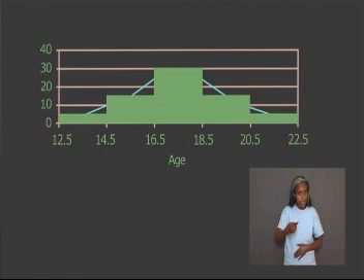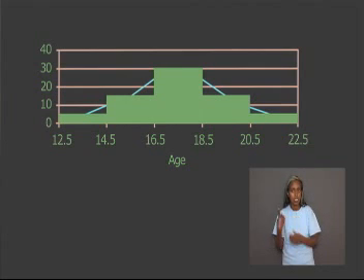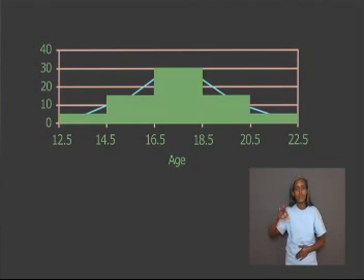Next, by joining together points at the center of each class, we can draw the frequency curve. The curve appears to be symmetrical. Let us see if the mean, median, and mode support this skewness.